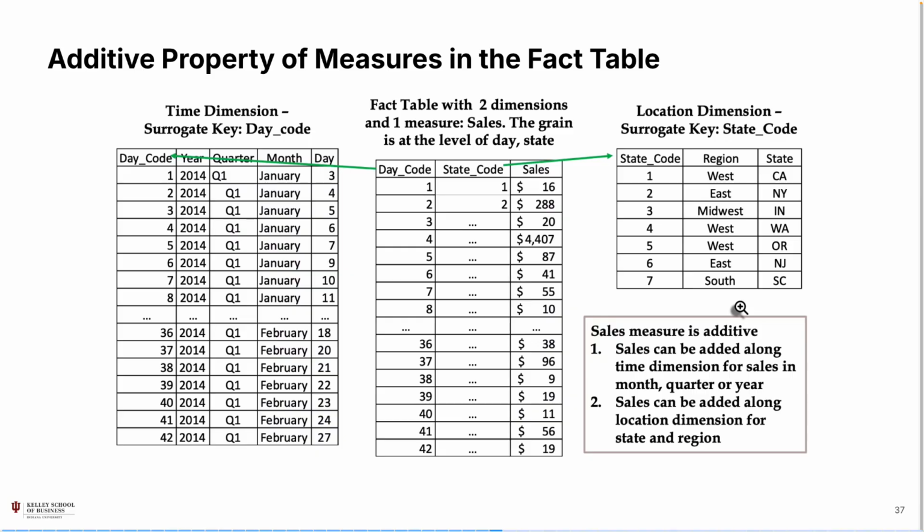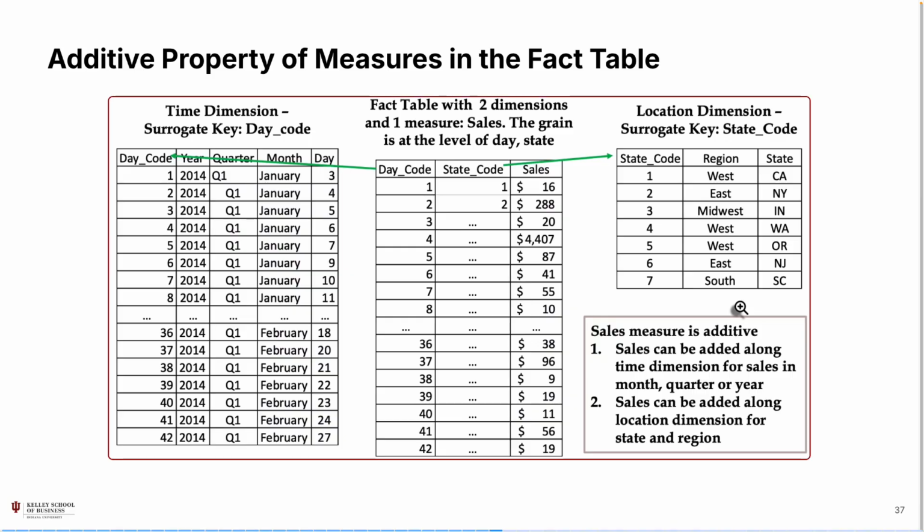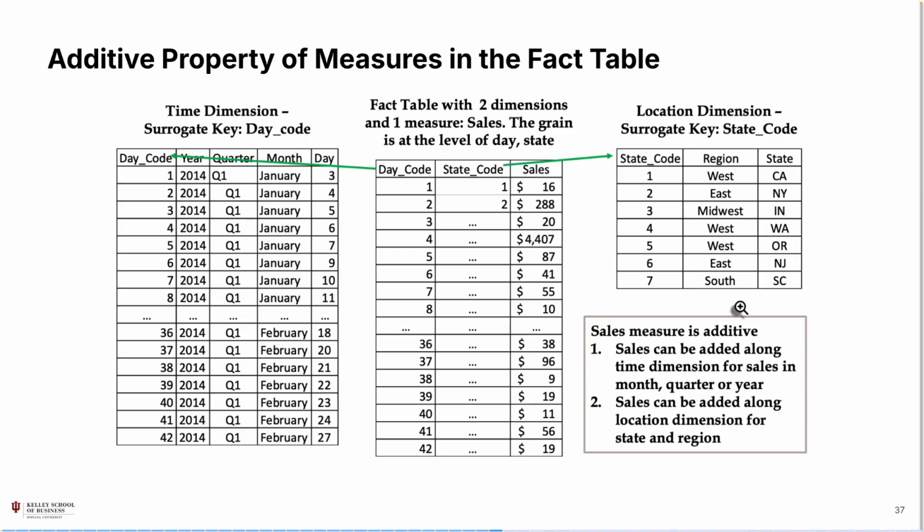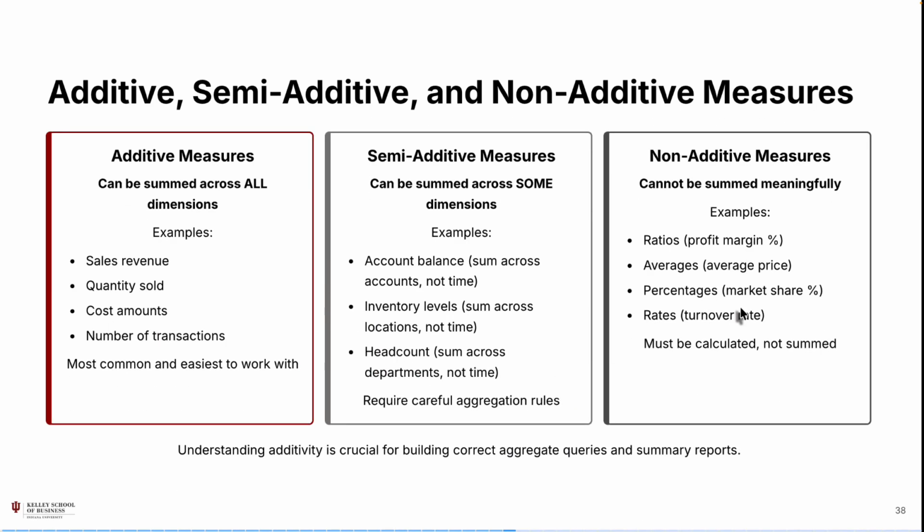In a fact table, we often look at the additive property of measures. And we categorize the measures according to their additive property. And these can be additive measures, semi-additive measures, or non-additive measures. Additive measures can be summed across all dimensions, and these include sales revenues, quantity sold, cost amount, and so forth.